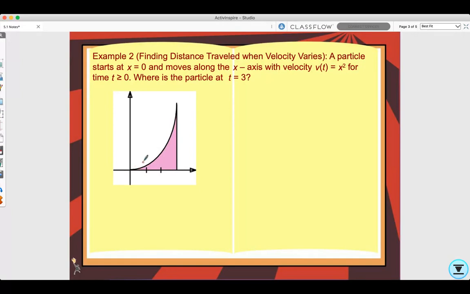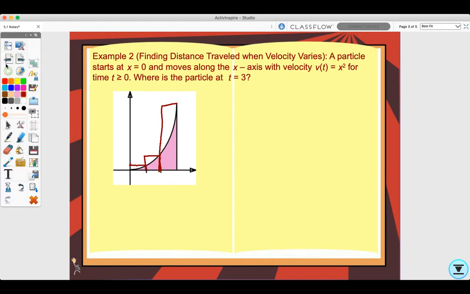How we can approximate this area is if we use rectangles. That would look like this. And notice, if I use these rectangles, I'd have an over approximation. Other times you can have an under approximation. So in our next example, we are actually going to find the sum using different rectangles.